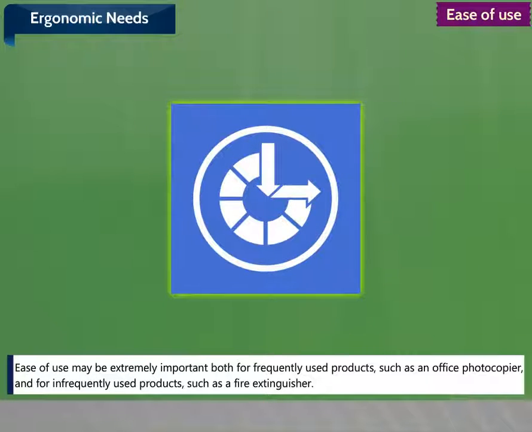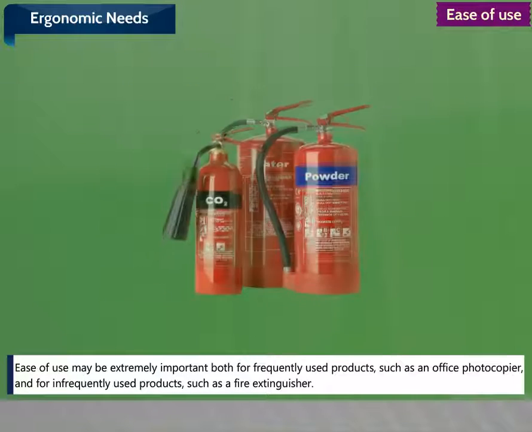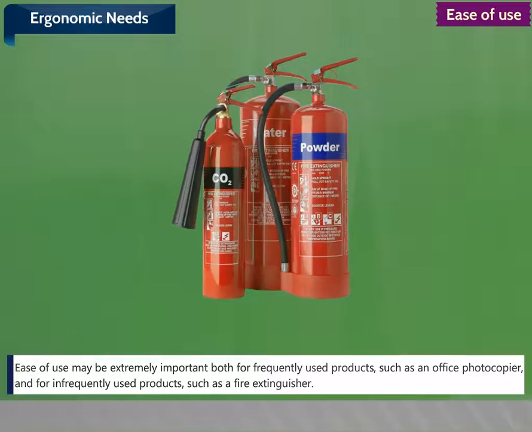Ergonomic needs. Ease of use. Ease of use may be extremely important both for frequently used products such as an office photocopier and for infrequently used products such as a fire extinguisher.